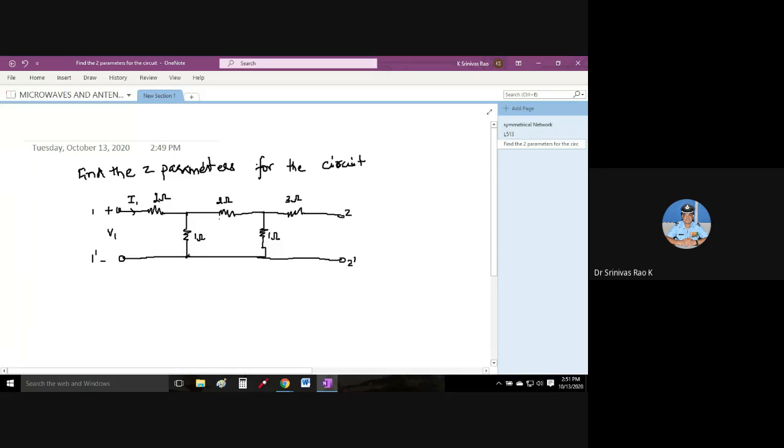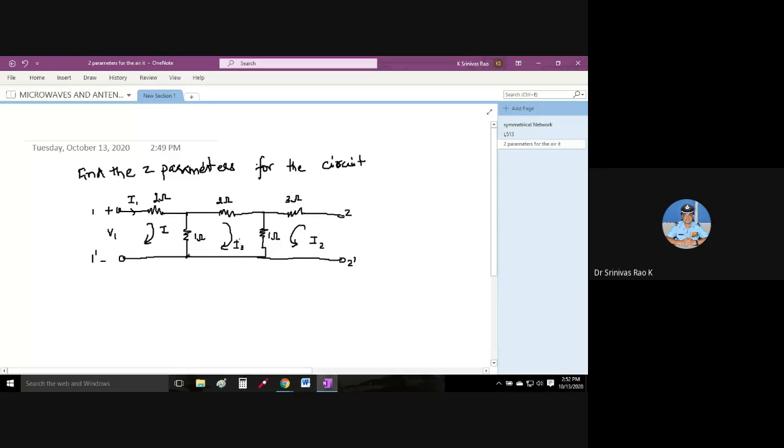This is port 1 and port 2. We have a current I1 flowing like this, a current I2 flowing like this, then we have I3 flowing like this.